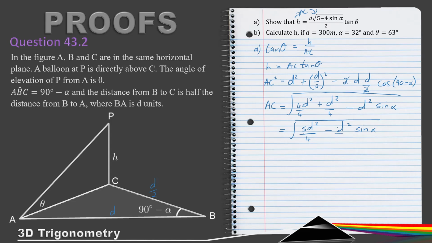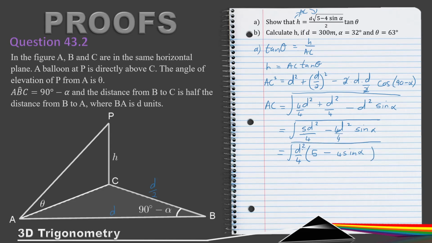So we can put a 4 on the top and the bottom. Now we can take out D squared over 4 as a common factor, and what's left is 5 minus 4 sine alpha.